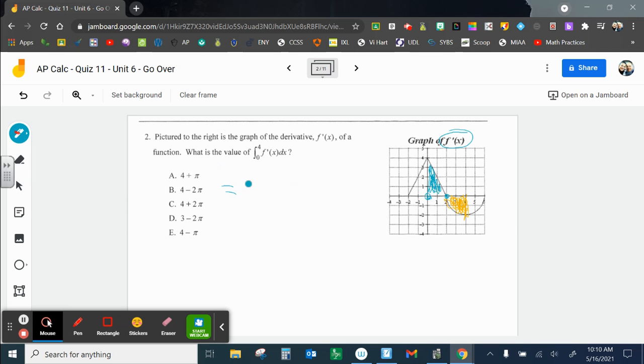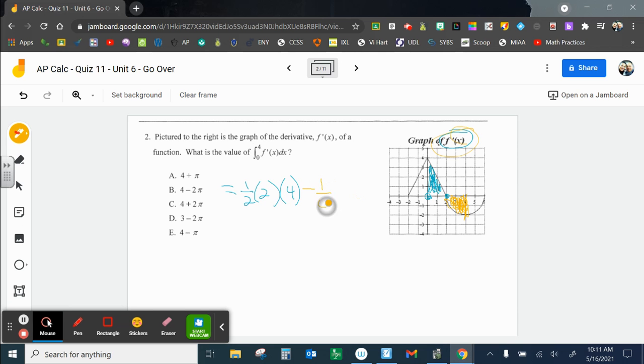So this is a triangle, 1/2 base times height. 1/2, the base is 2 and the height is 4. And now let's do the area. Now, either way, whether you just do negative because it's below the x-axis, you know it's going to be negative. And again, the integral of any function, and this is the function of the derivative, is the area between the curve and the x-axis. So because they gave us this, I'm just finding the area.